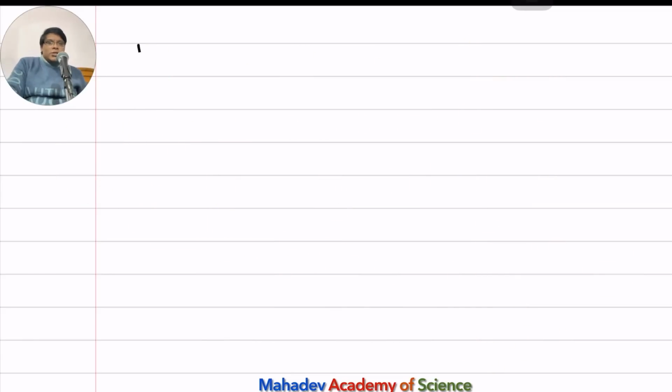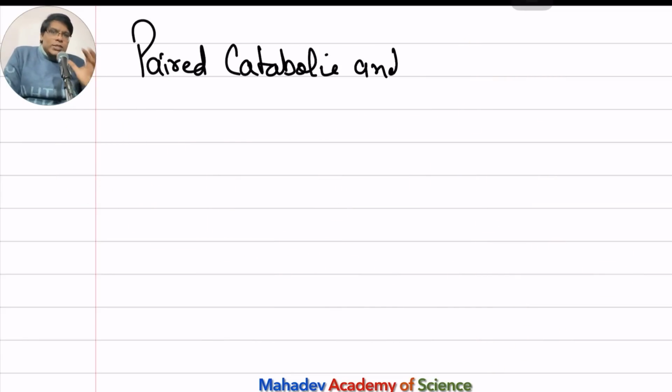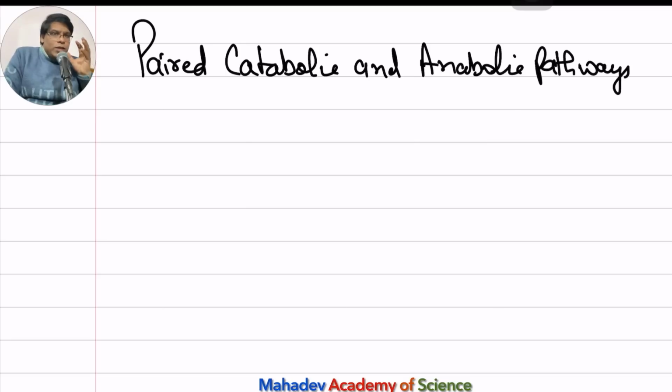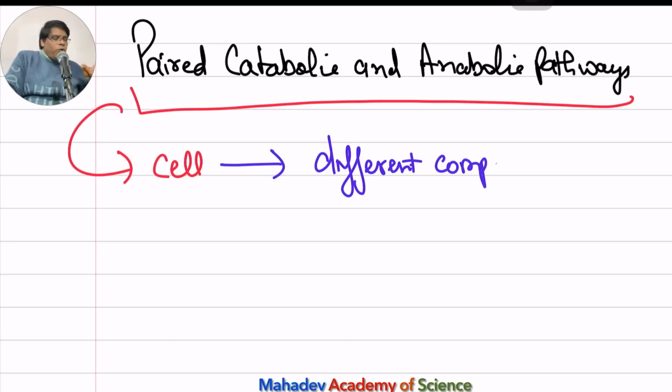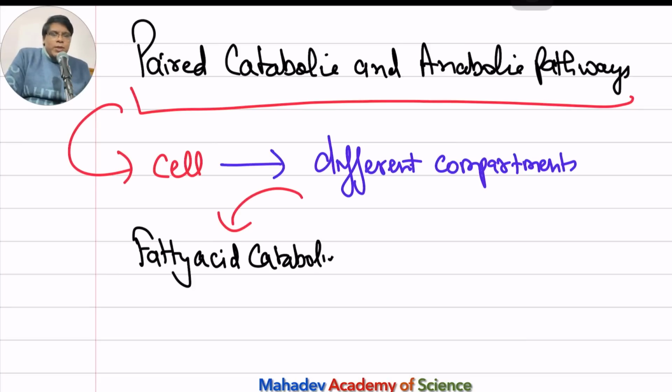Now here I just want to tell you, if within the cell you see paired catabolic and anabolic pathways, meaning both the pathways are occurring simultaneously within the cell, these pathways are going to occur in different compartments. So here is one of the best examples.